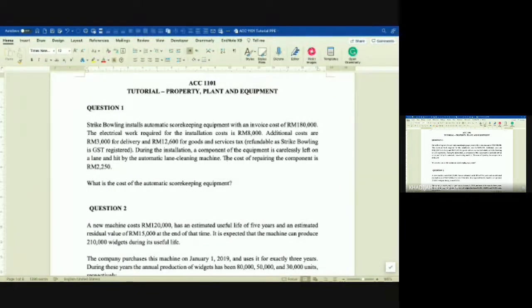And remember that there are 2 types of cost, the capital expenditure and the revenue expenditure. The capital expenditure is the cost that will be capitalized on the asset, but the revenue expenditure is the one that you charge in your profit and loss account. So in this case, what would be the cost of the scorekeeping equipment?